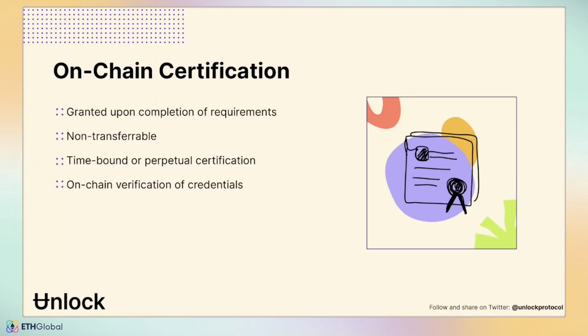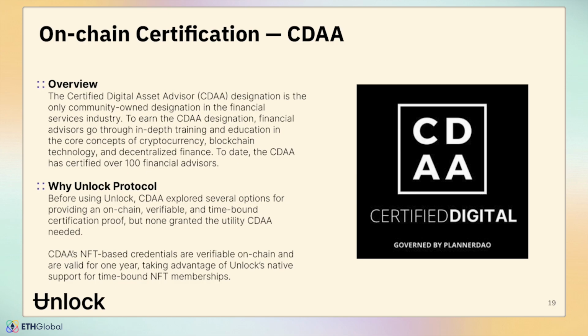On-chain certification, we talked about this earlier: your diploma, the fact that you've taken a course, that you maybe attended a hackathon. Non-transferable, critically, but also time-limited most of the time to make sure that your knowledge is up to date. An example of people using Unlock for this is a team called PlannerDAO that have created the Certified Digital Asset Advisor, which is basically a proof that you went, as a financial advisor, through some education around cryptocurrencies and digital assets altogether.